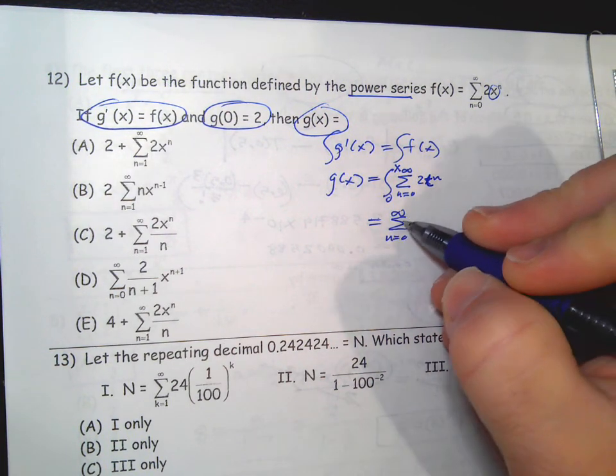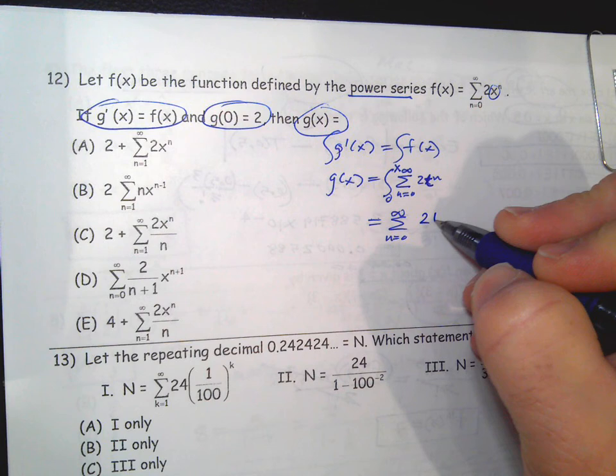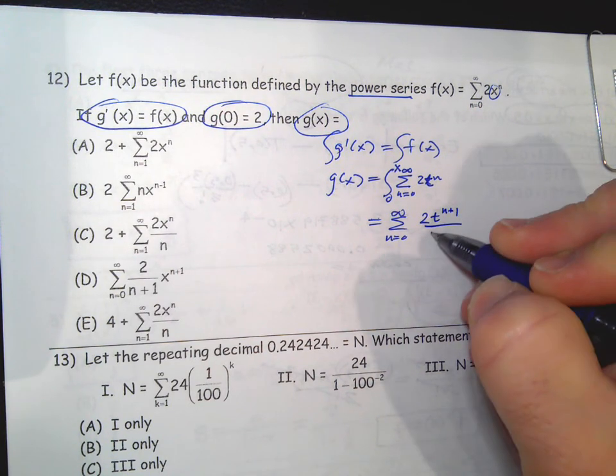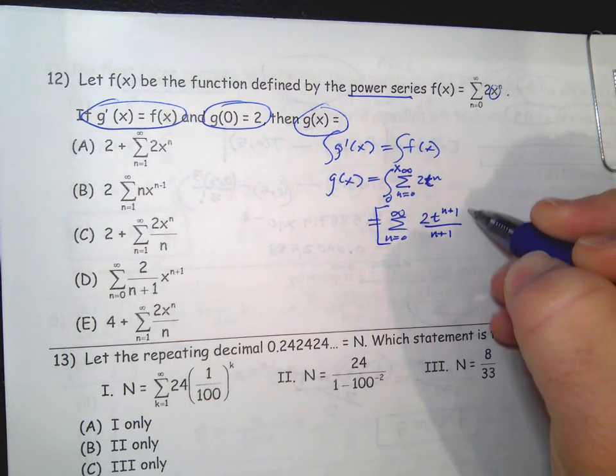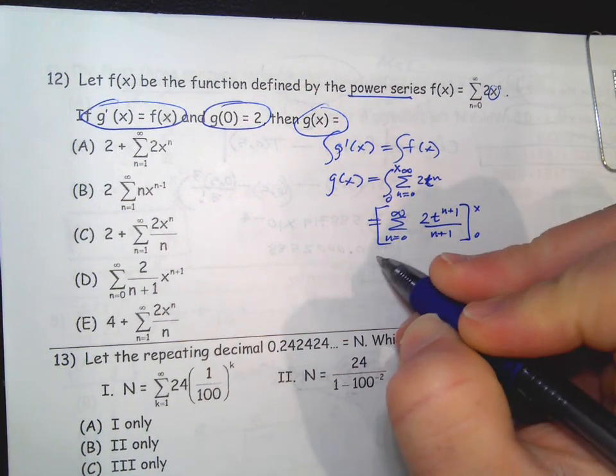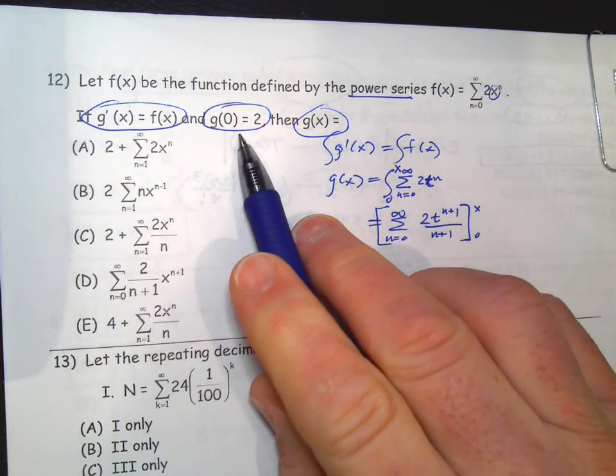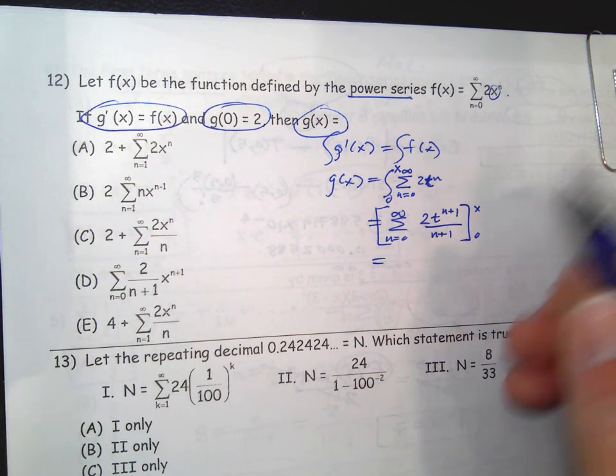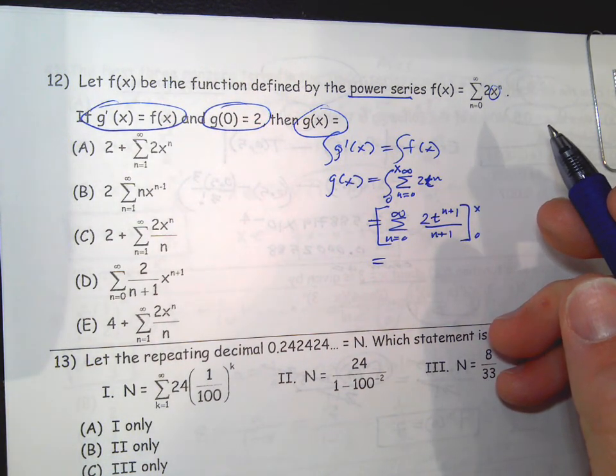So we would get 2t to the n plus 1 over n plus 1. Just a simple power rule. And then you plug. Now the reason they give us g of 0 equals 2 is because there's a plus C issue, and we have to make sure we find the right plus C.